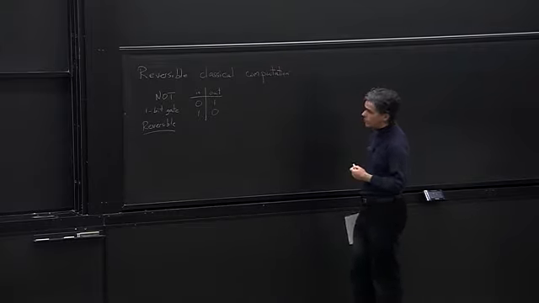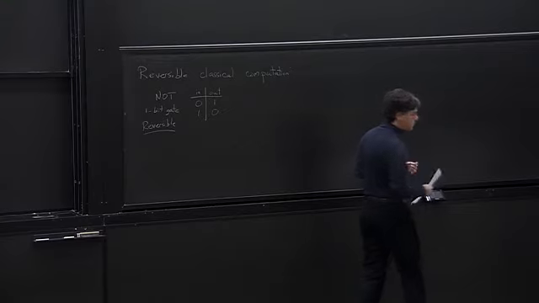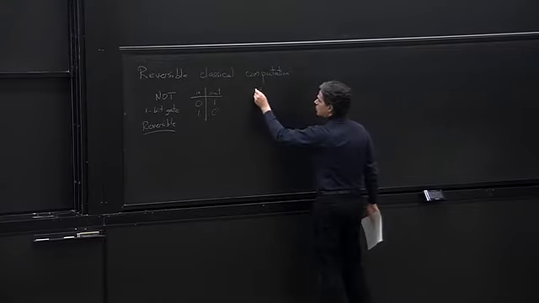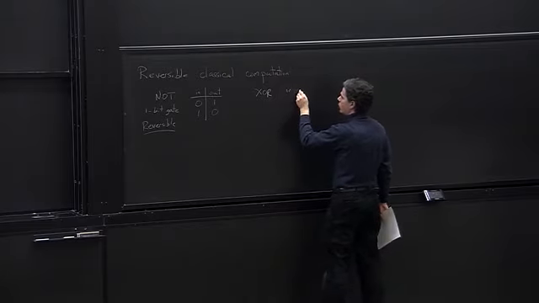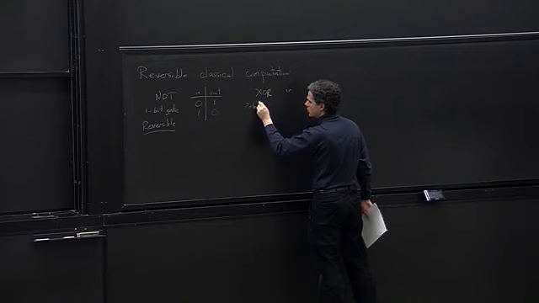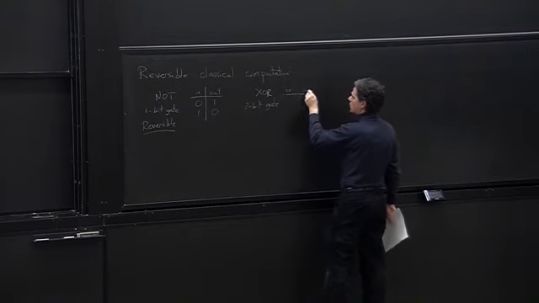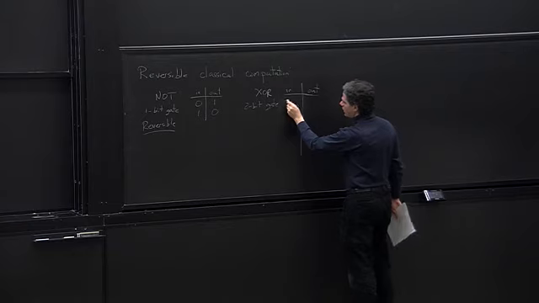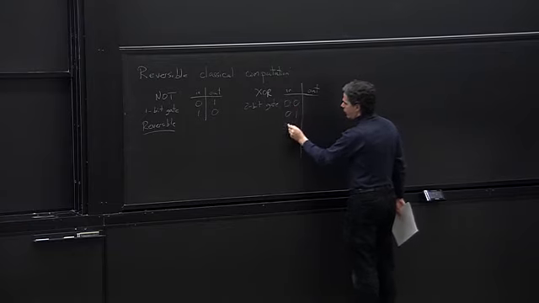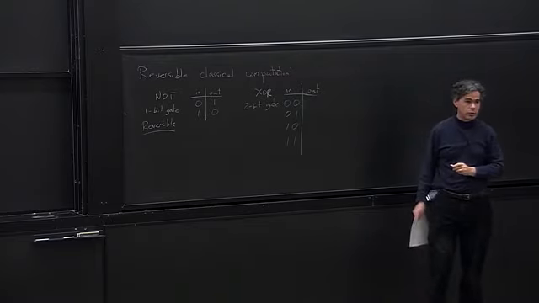So another example of a reversible gate is the XOR gate. So XOR is a 2-bit gate. So we're going to need a little more space for our truth table. And so there are now 4 possible input states: 0, 0, 0, 1, 1, 0, 1, 1.